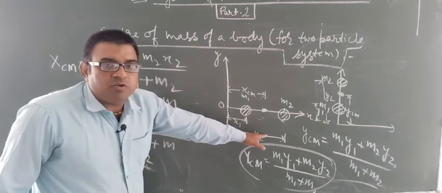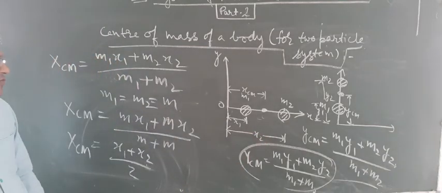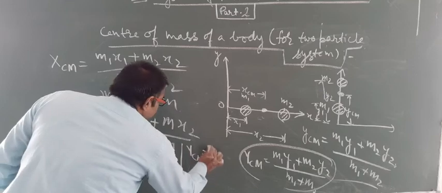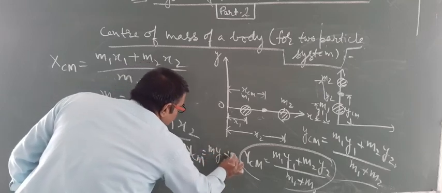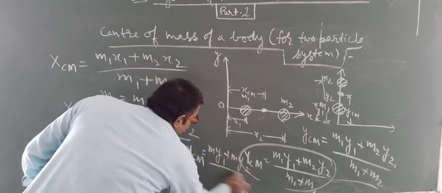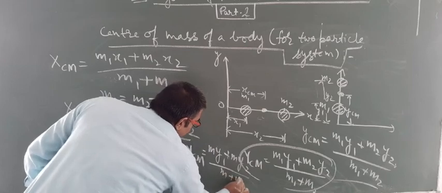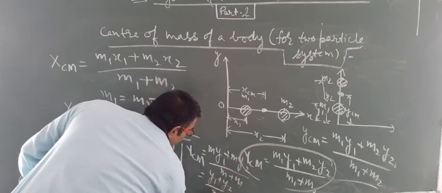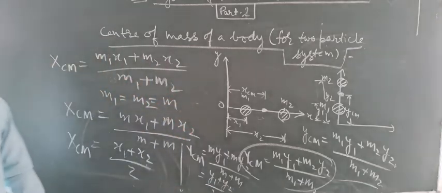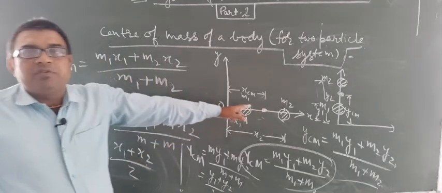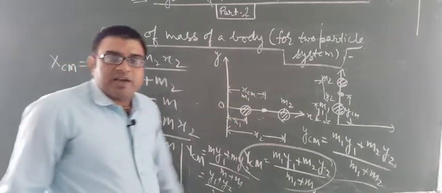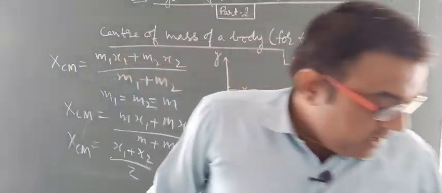Similarly, ycm can be given as m y1 plus m y2 divided by m plus m, and it can be written as y1 plus y2 divided by 2. So ycm is the mean of the separation on the y-axis.